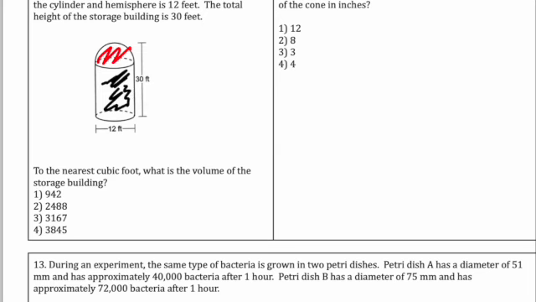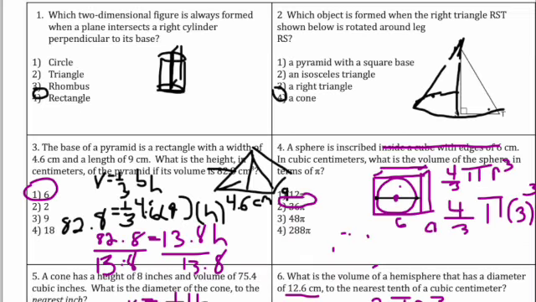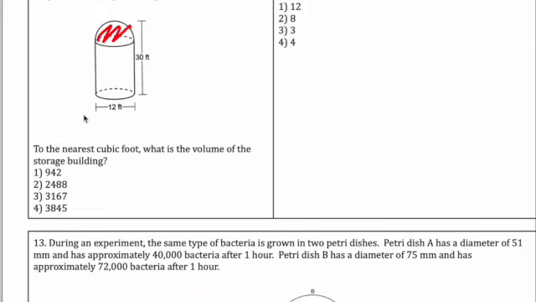Okay, so let me just write the sphere. The volume of the sphere is 2 over 3 pi r cubed, and then we're going to do plus the volume of the cylinder, which is pi r squared times height.